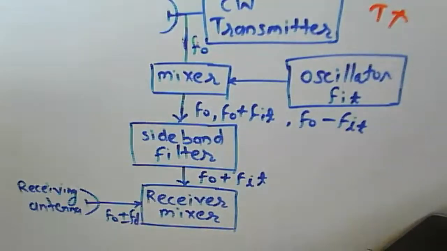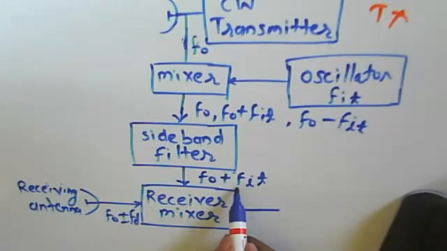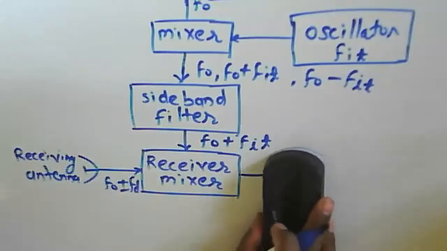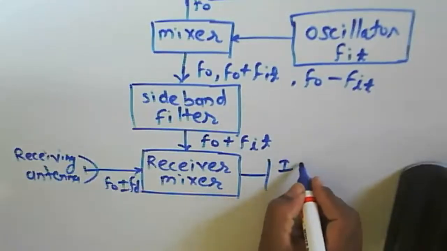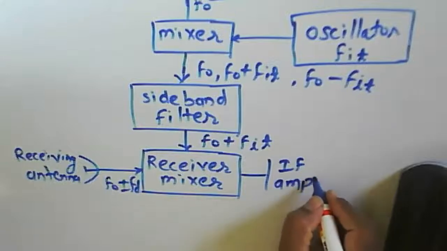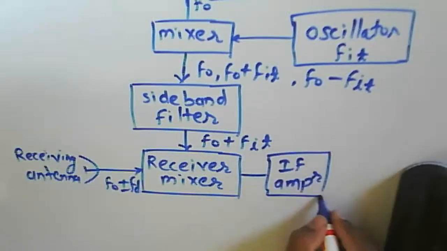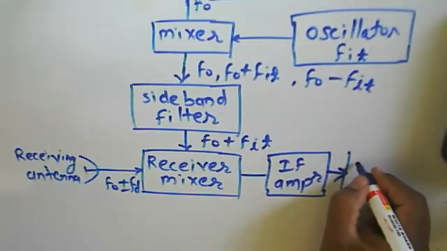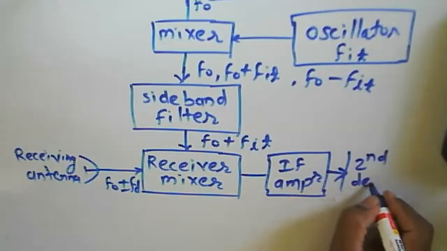Then when it reaches the receiver, at this particular stage F4 gets cancelled, and only FD and FIT will be received. Here we are supposed to use the IF amplifier, then we have the second detector.